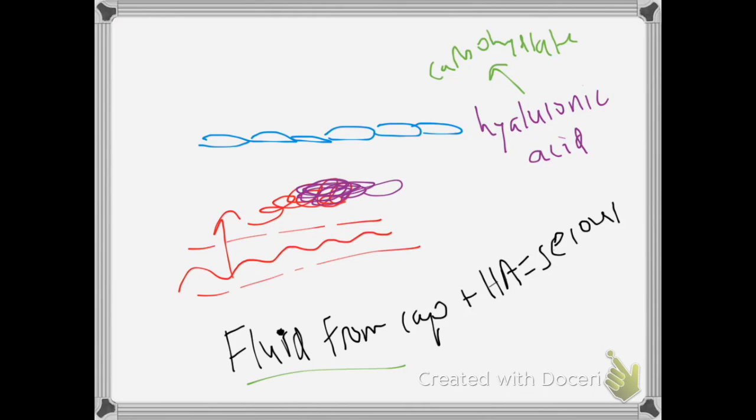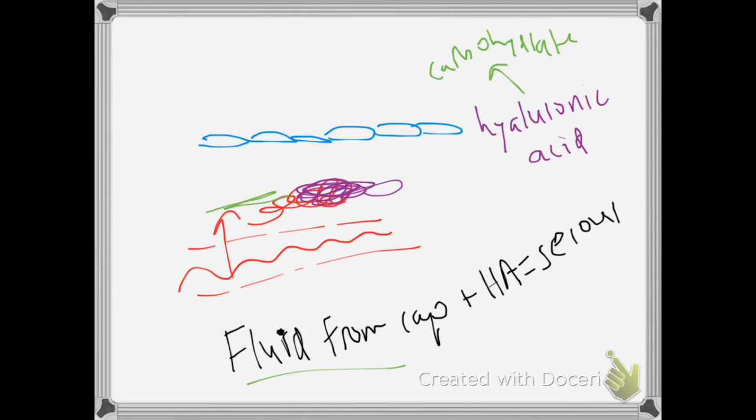So, once again, for a recap, where do we get this serous fluid? Because the whole point of a serous membrane is to produce serous fluid to help lubricate our organs. We know we need a fluid part and a slippery, viscous part. The fluid part comes from the underlying connective tissue. These capillaries are leaky by design, and they allow fluid from the blood to leave the capillaries in the space between these two different types of cells.